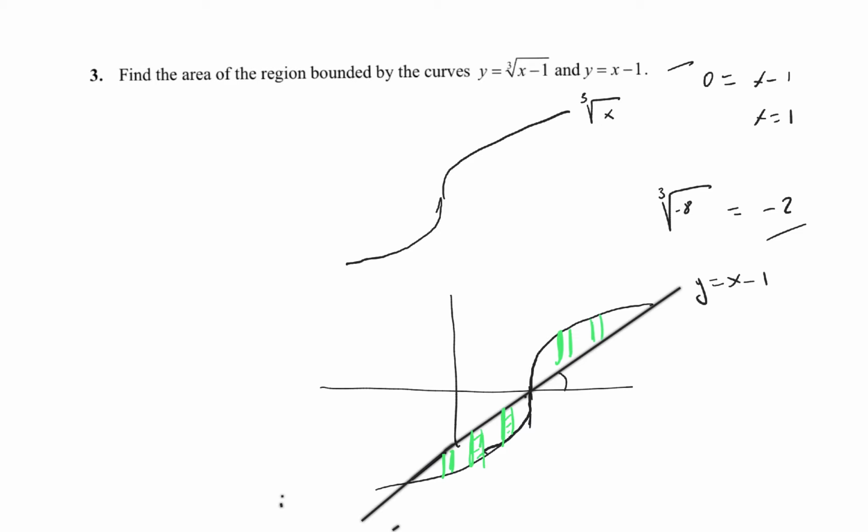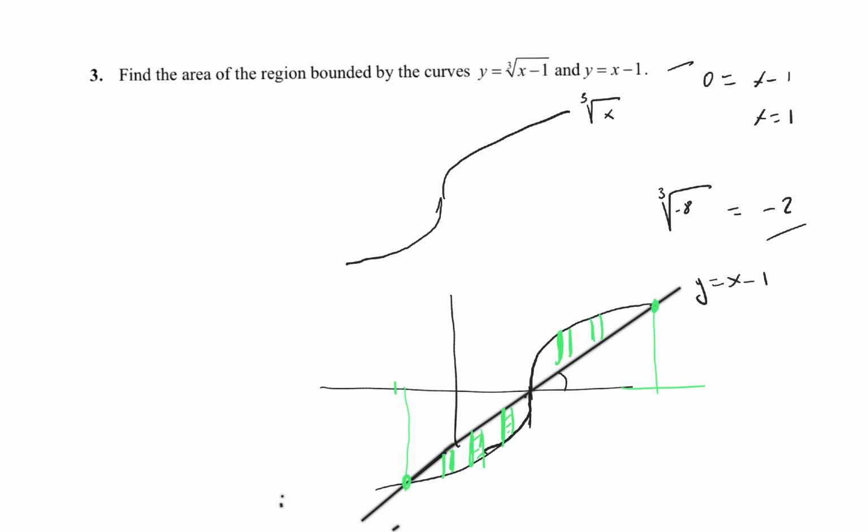Now we have something here different from the other problem. First of all, we need to find this point, because there is missing information here: the missing information is where we have to find the area from, from x equals this point to x equals this point. We need to find this point of intersection. And the second detail this problem is asking you to pay attention to is the following.